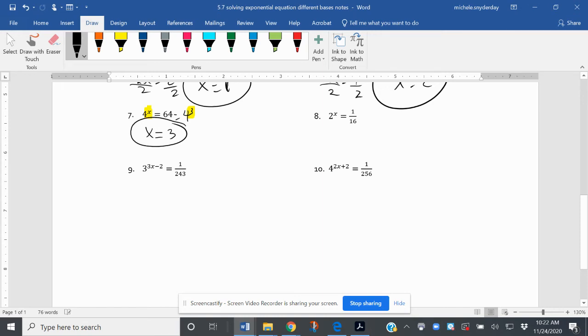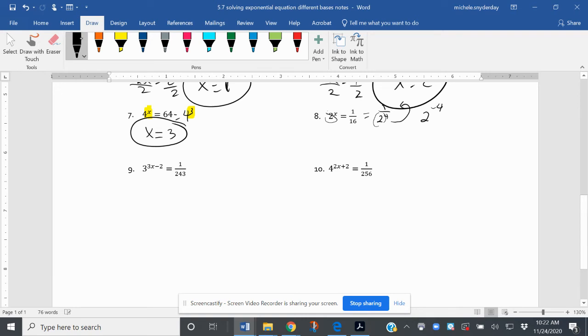Now on number 8, we want to go to our 2 chart. And if we look down a ways, we can see that 1 over 2 to the 4th power is going to give us a like base of 2. However, we need to bring this 2 to the 4th power back up to the top. And so that would change our exponent to be a negative 4.